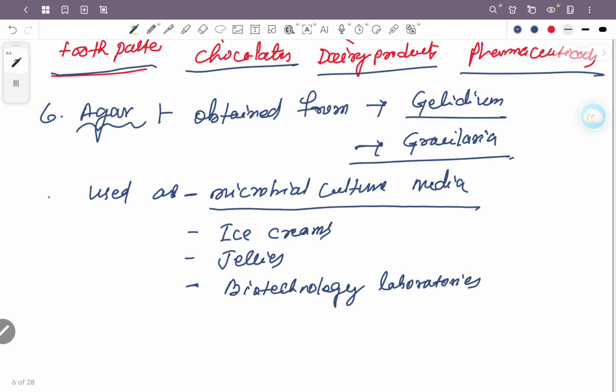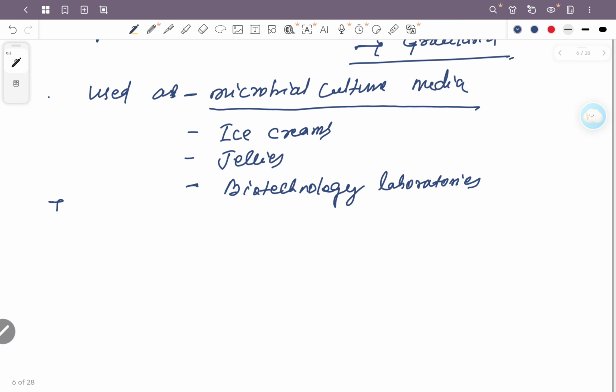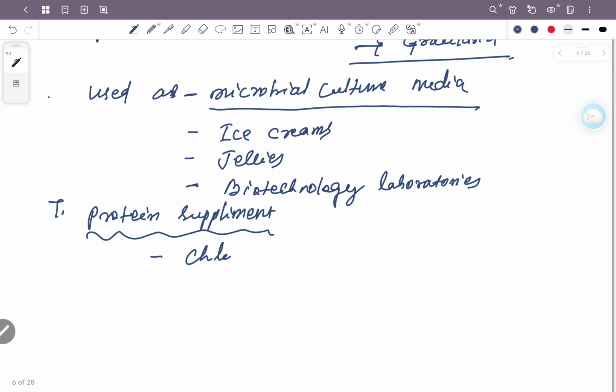Okay. Now these algae also act as a protein supplement. Here the example is Chlorella. Okay, and Chlorella is rich in protein, and that's why it is used as a food supplement.